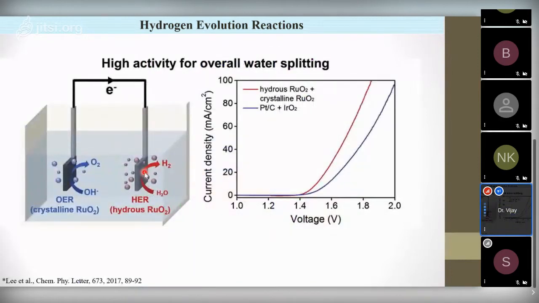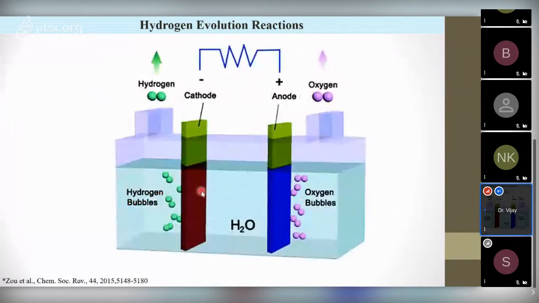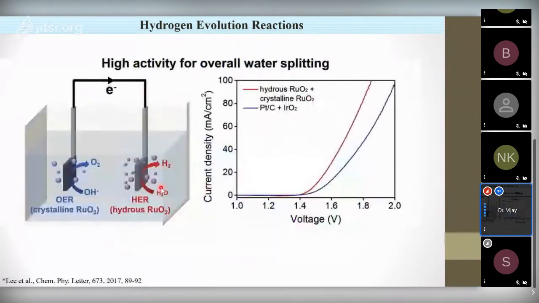So this is a study which concentrated on hydrous ruthenium oxide and crystalline ruthenium oxide. If you remember, at the cathode the hydrogen evolution reaction is possible, and at the anode it is the oxygen evolution reaction. These were studied together with hydrous ruthenium oxide plus crystalline ruthenium, or the traditional iridium and platinum carbon.